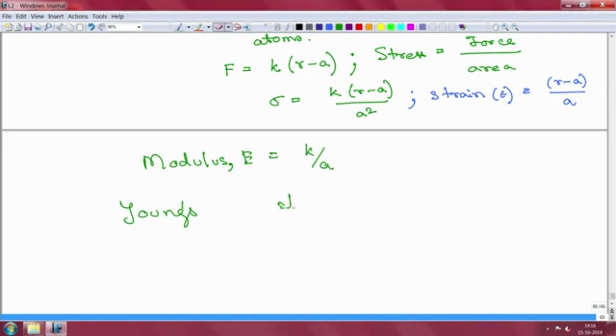Sorry, again, and we are not interested in the exact values. Okay. So, Young's modulus for steel is somewhere of the order of 200 gigapascals.